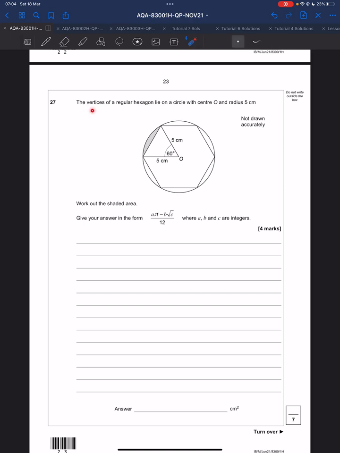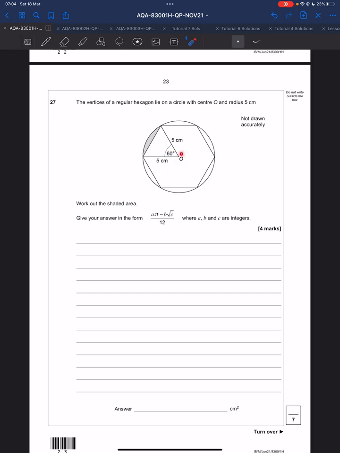Anyway, let's carry on. Vertices of a regular hexagon, so it's 6 sides, all with the same length sides and angles. Right, so there's a lot going on here. Because it's a hexagon, you've got 360 degrees around this circle, split into 6.